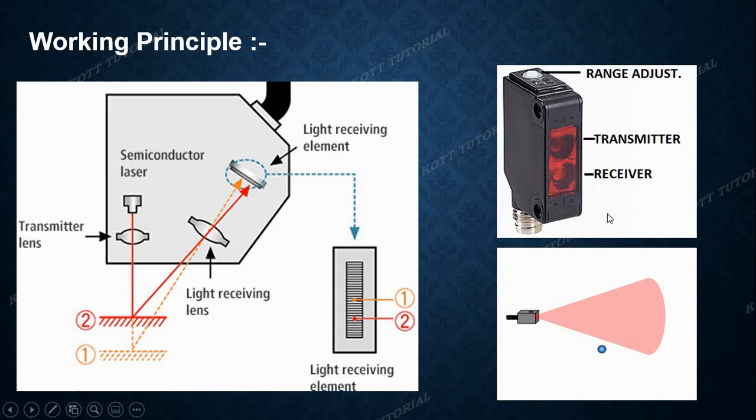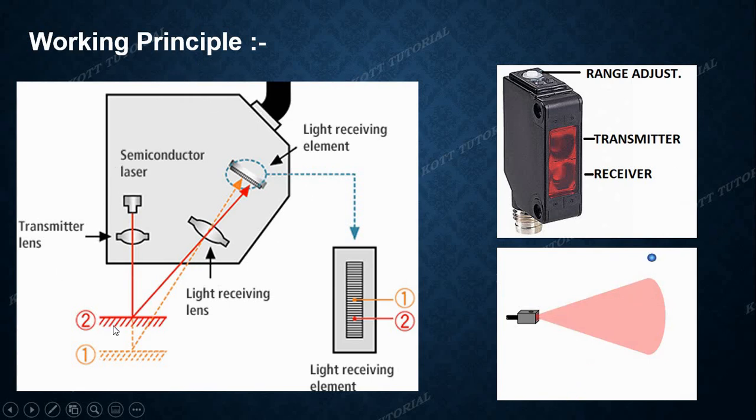This range is used to adjust the sensing range of the object. If my object is passing at a distance of 100 mm, I can adjust this range to 110 or 120 mm, so that if any product is coming in between 110 or 120 mm, it can detect successfully.